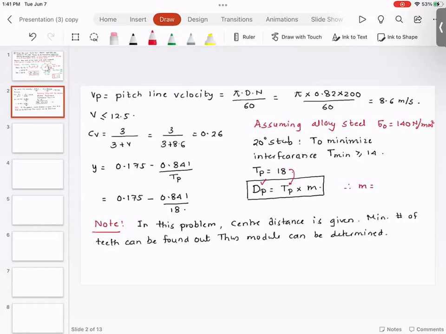But here is the question. Is this gear or this pinion safe to transmit power or WT required?